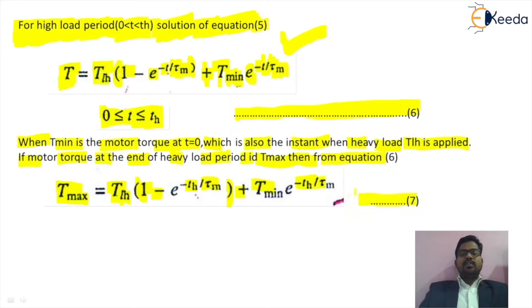This will be equation number 7 for your understanding.